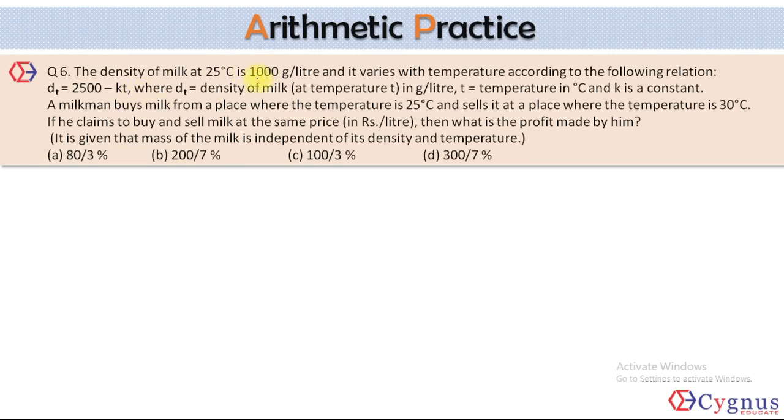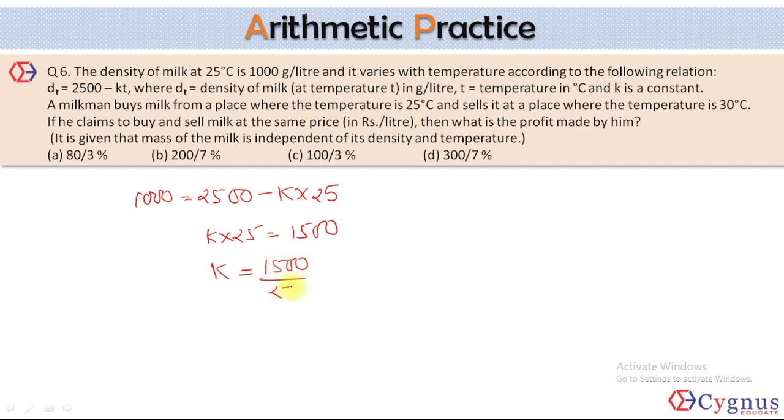So if you try to put the values here, at 25 degrees it was 1000, so I'll put d(t) equal to 1000 is equal to 2500 minus k, which is not given, and the temperature was 25, so I'll put 25 here. This will give you the value of k. k into 25 is equal to 1500, so k is equal to 1500 by 25. 1500 by 25 will give you how much? 60.